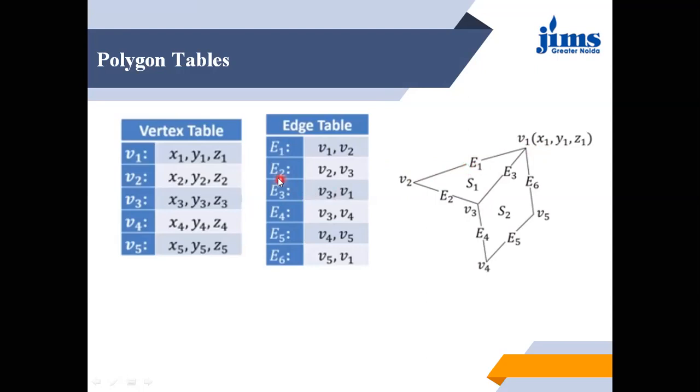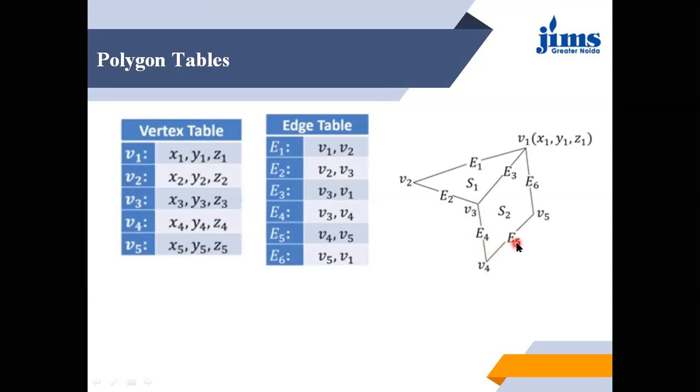Same, E2 is made by the joining of vertex V2 and V3. E3 is vertex V3 and V1. E4 is vertex V3 and V4.